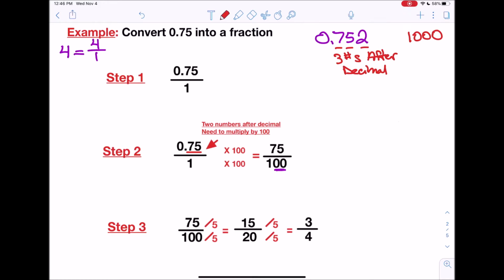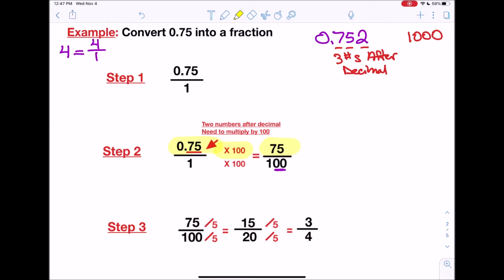So 1 zero, then it's going to be 10. 2 zeros, 100. 3 zeros, 1,000. 4 zeros, 10,000, etc. Also, you will notice the whole point of multiplying by the base 10 is to get it so that it's a whole number and no longer a decimal.